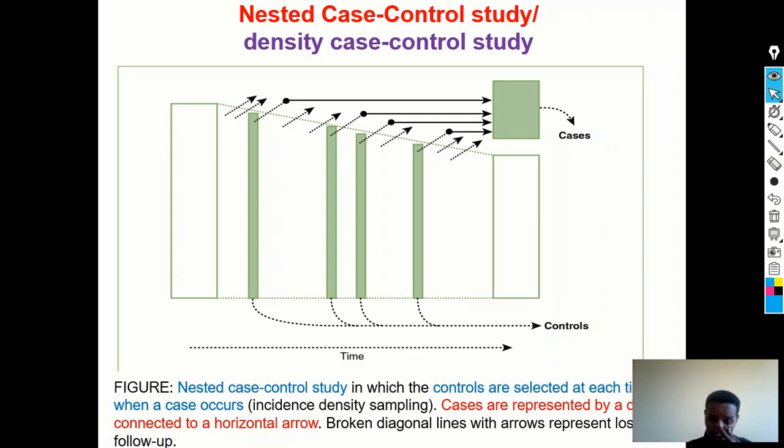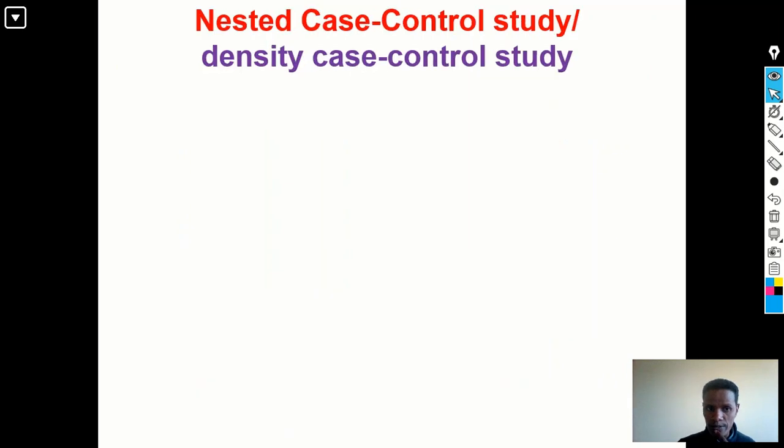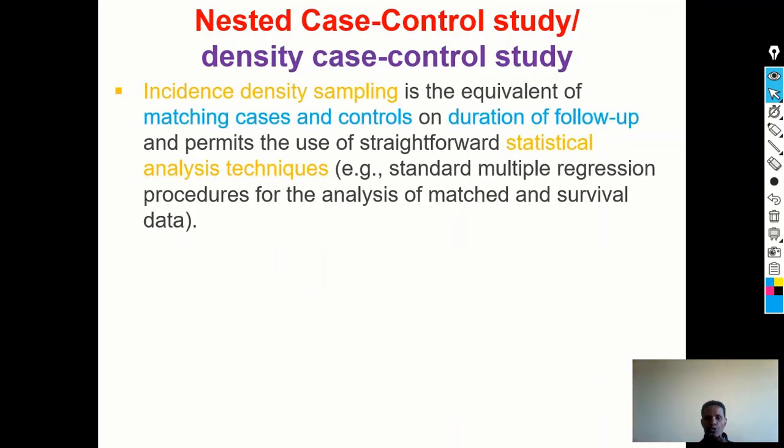So the sampling method is the risk set sampling method, or incidence density sampling method. This is the sampling method for the nested case control study. Incidence density sampling is the equivalent of matching cases and controls on duration of follow-up. We use it in order to match the cases and the controls in terms of their duration of follow-up.